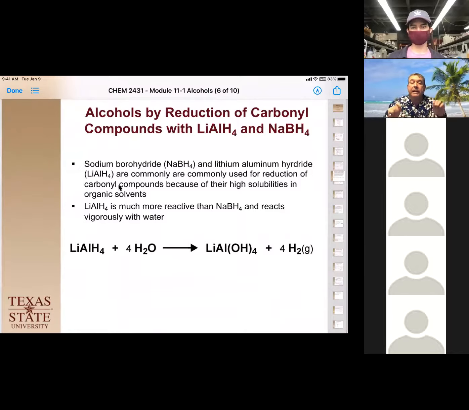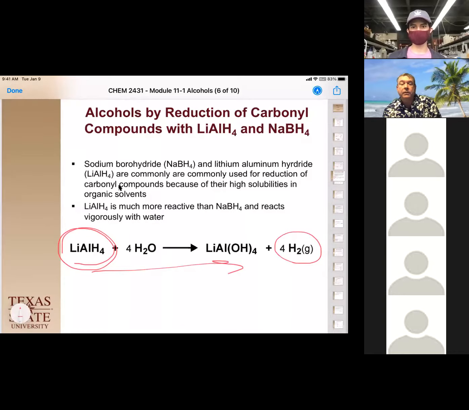Lithium aluminum hydride is more reactive than sodium borohydride, and it reacts vigorously with water. The sodium borohydride, we typically run the reaction in an alcohol. It is not as basic and it needs the alcohol to help the reaction progress. But the lithium aluminum hydride is much more reactive and will actually decompose to 4 equivalents of hydrogen gas plus an aluminum lithium oxide hydroxide.